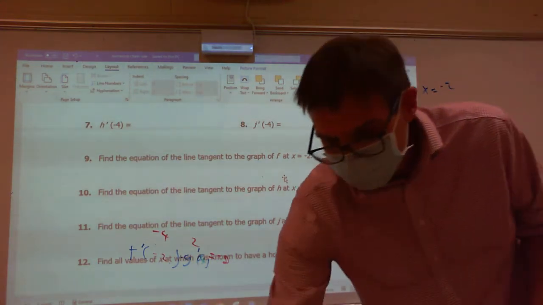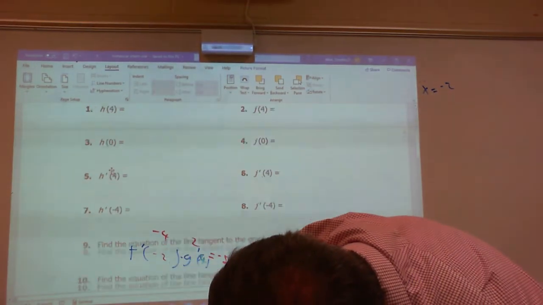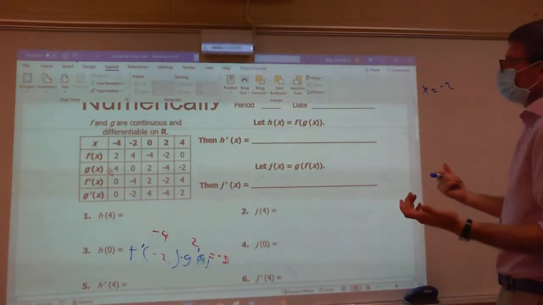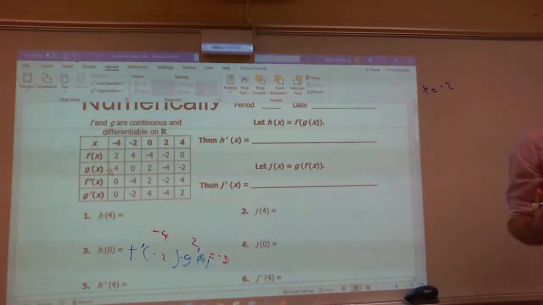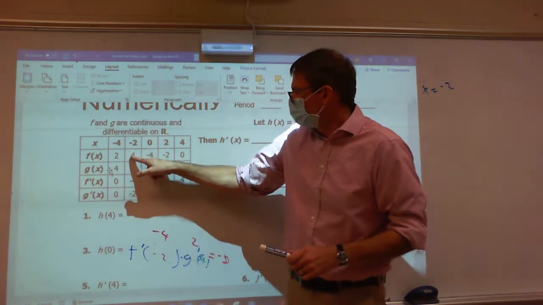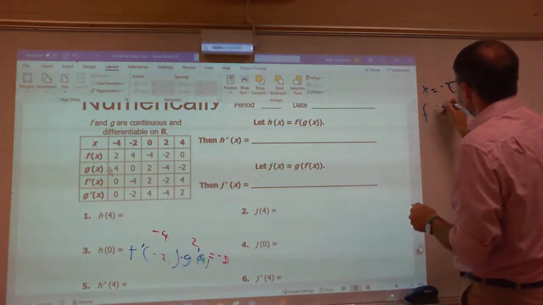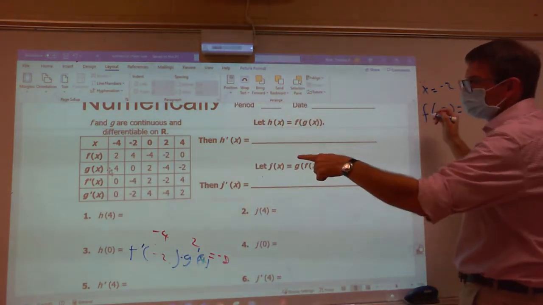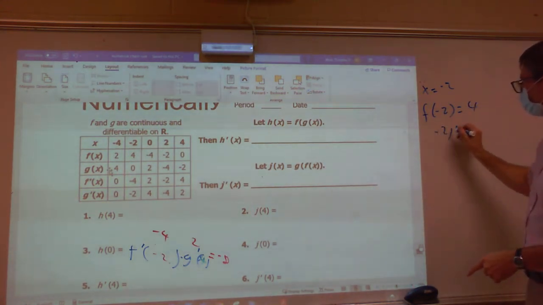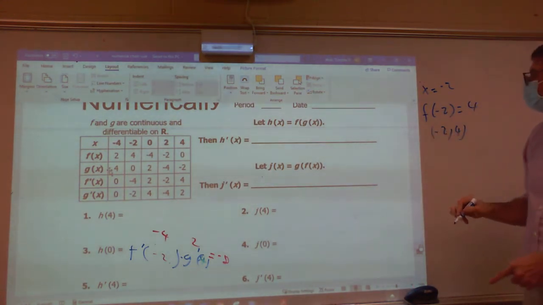Well, let me get my chart because I need my information. To find an equation of a tangent line, I need a point and a slope, right? At x equals negative 2, this is telling me f of negative 2 is equal to 4. So I have the point negative 2 comma 4. There's my point.